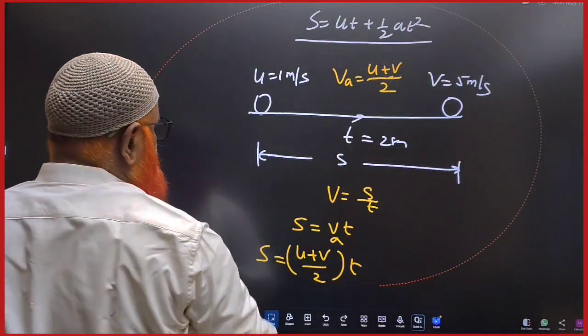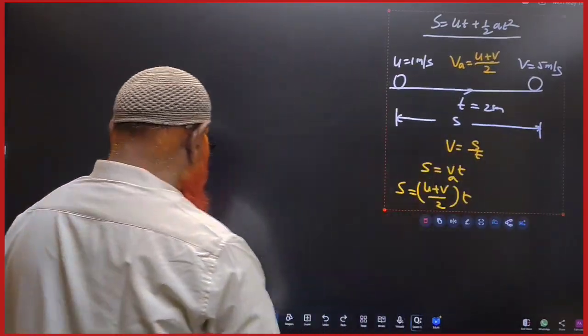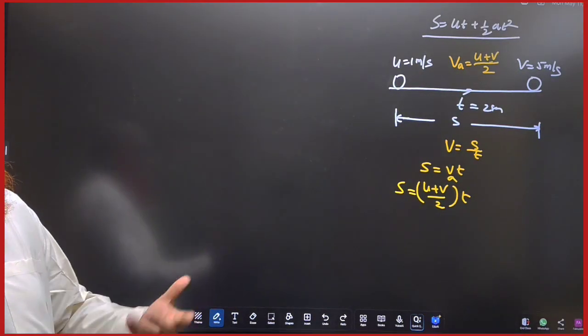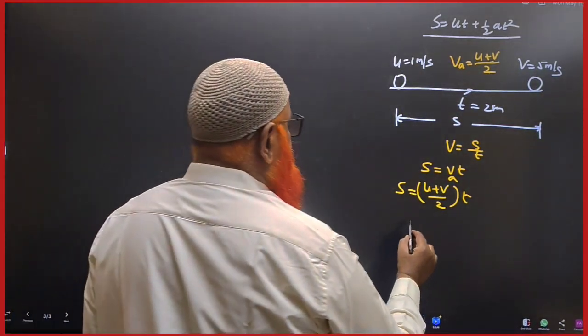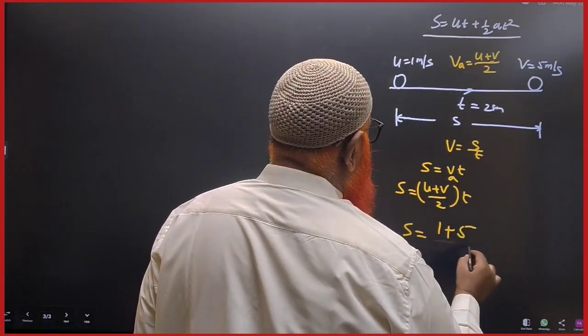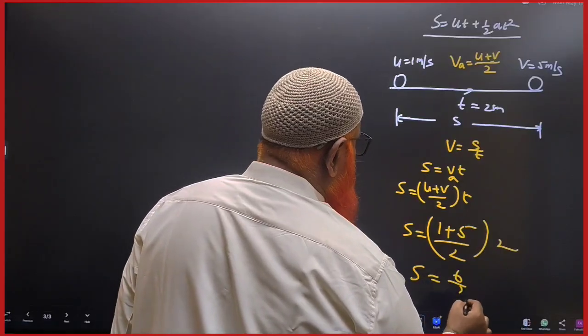Let us take this situation and derive the equation. S is equal to U is 1 and V is 5, so the sum is 6, by 2, into 2 seconds.